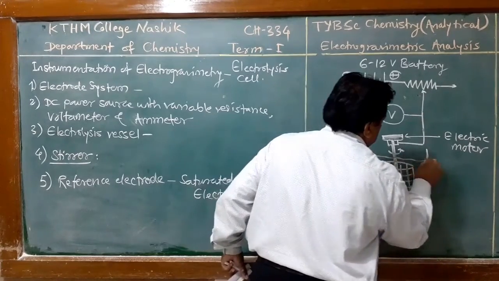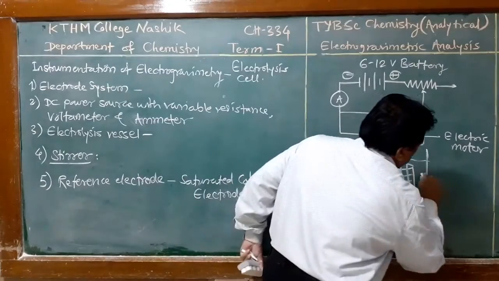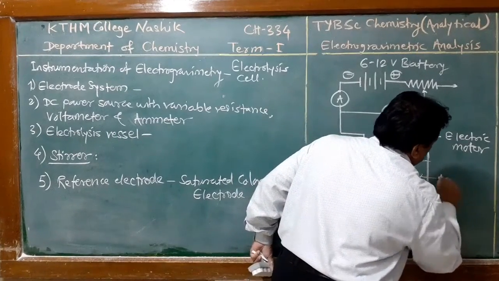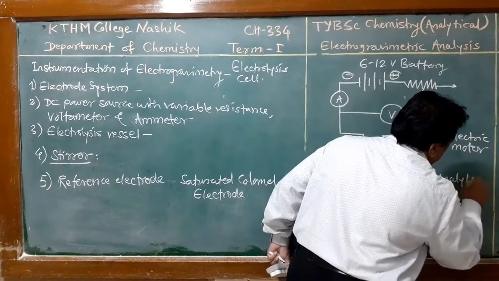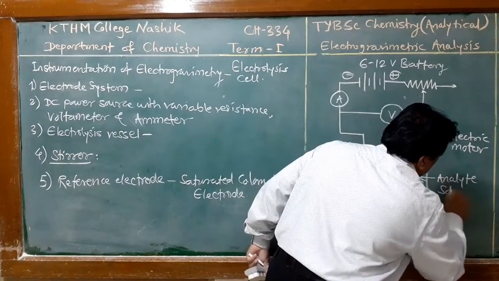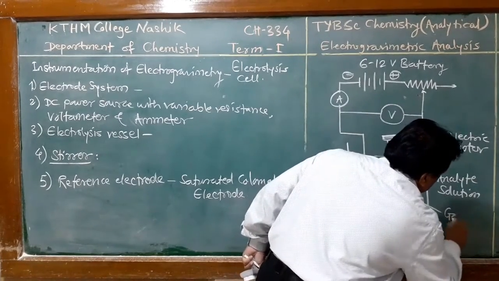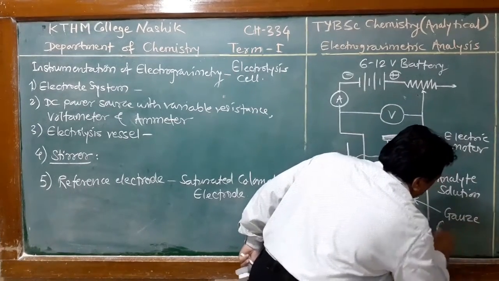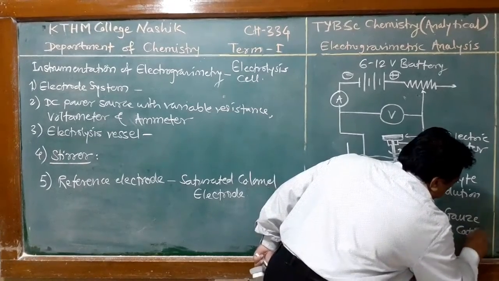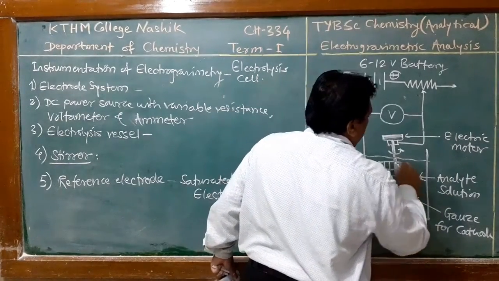Here this is the electrolyte solution or analyte solution. This is the gauze form cathode, and this is a wire form anode.